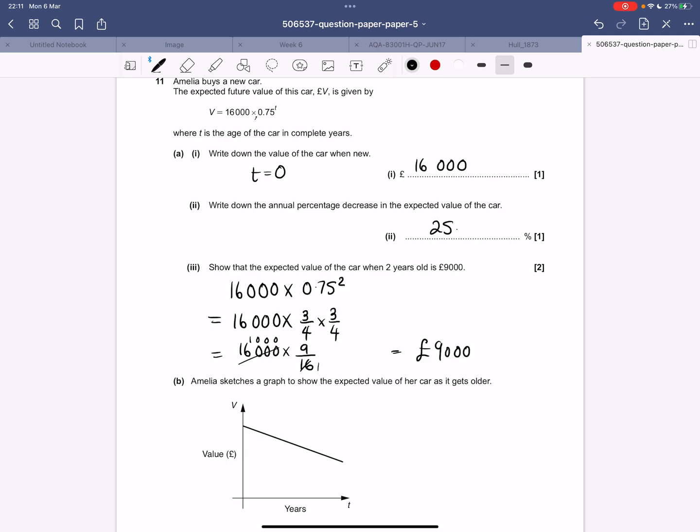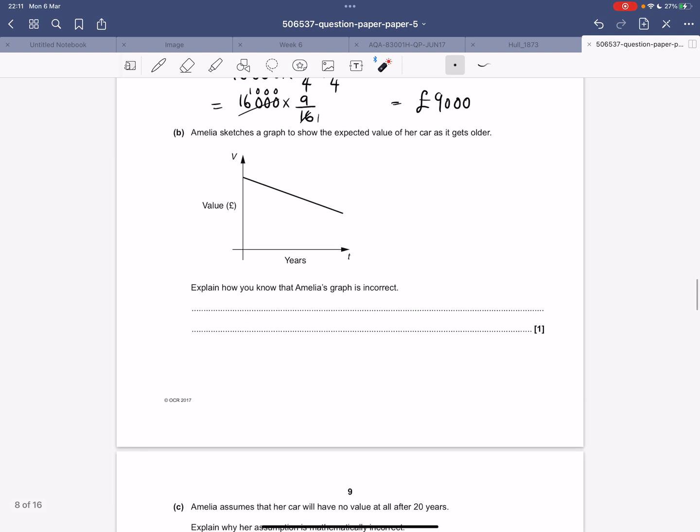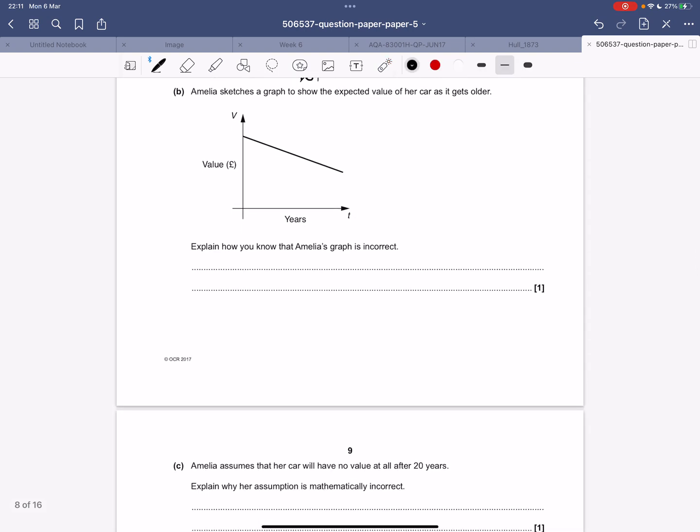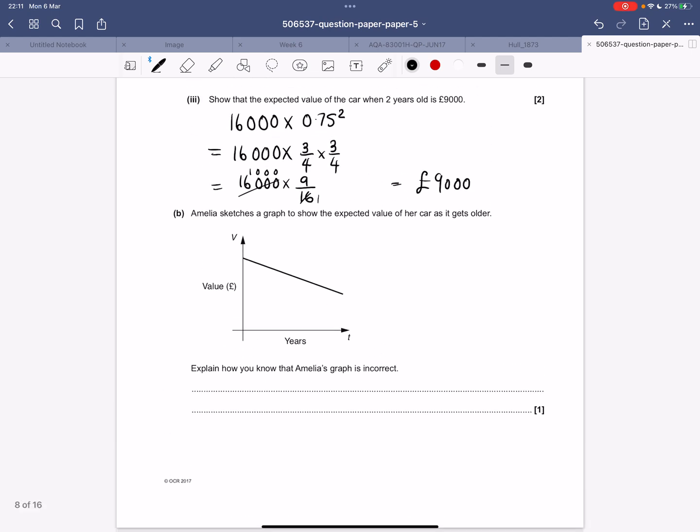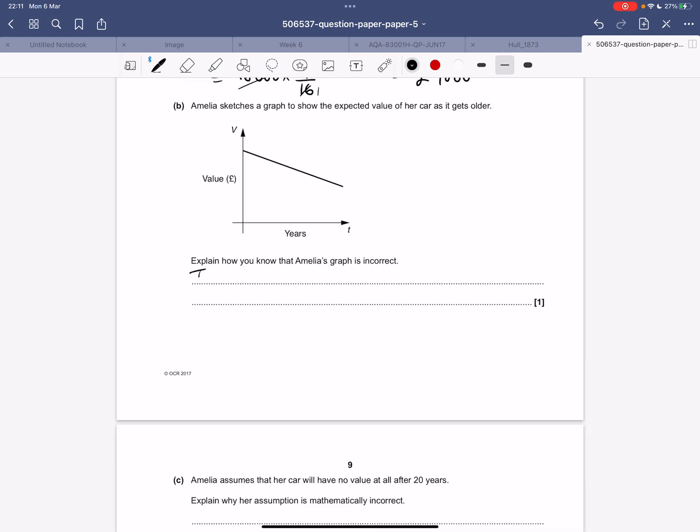This is an exponential graph, which is curved, not a straight line. So the graph of 16,000 times 0.75 to the power T is not a straight line graph.